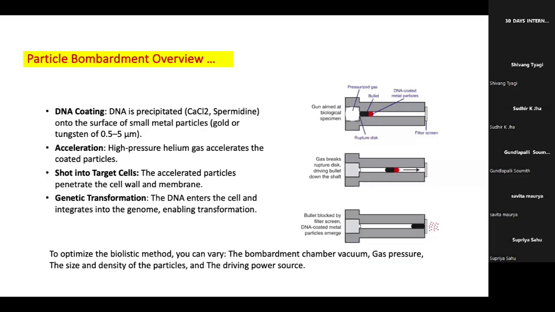Once the pressure goes beyond that limit, the disk will rupture, and the high pressure helium gas will propel the bullet or the macro carrier further. And here you can see the filter screen. Here it will stop and discard the macro carrier, and the micro particles will go further and insert into the plant cell. So I think this is clear.